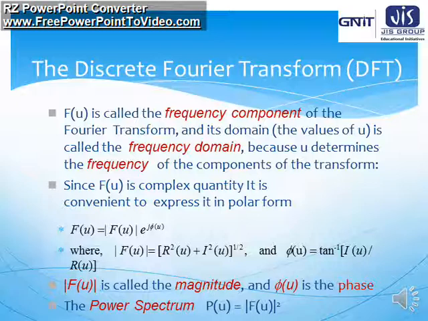F(u) equals mod of F(u) e to the power j phi(u), where mod F(u) equals (R squared(u) plus I squared(u)) whole to the power half, and phi(u) equals tan inverse I(u) by R(u). The magnitude is mod F(u) and phi(u) is the phase. The power spectrum P(u) is represented by P(u) equals mod F(u) whole squared.